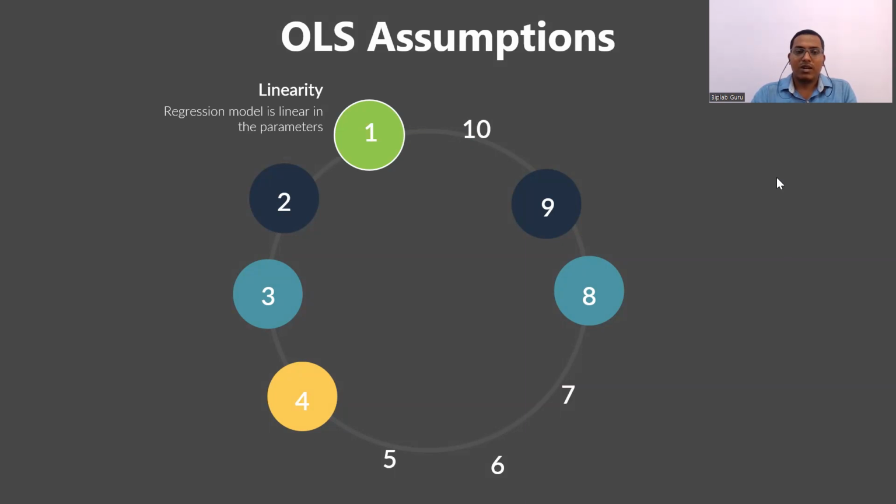In case of simple regression, we'll have one independent variable, whereas in case of multiple regression analysis, we will have one dependent variable and multiple regressors, or what we say as independent variables. So linearity in the parameters: when I specify a regression model, the parameters should be linear. It means the highest degree of the parameters should not be in excess of 1.